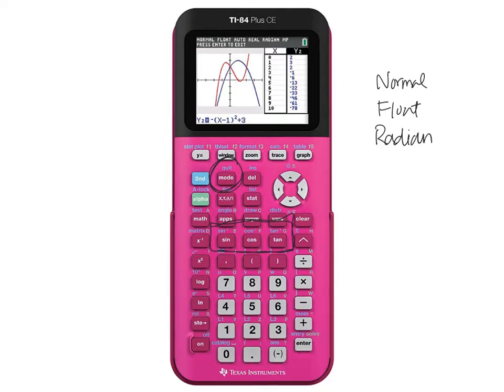You need to use the arrow keys here. You need to scroll down and then scroll over to where it says degrees. And once you have that highlighted, just hit the enter button and you will be in business. It'll be in degrees. Try it again, hit sine.